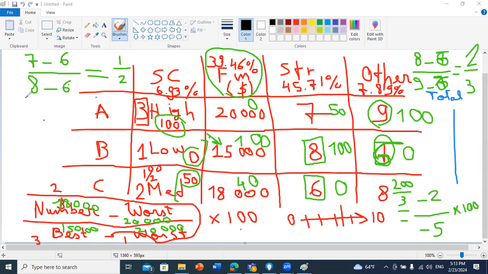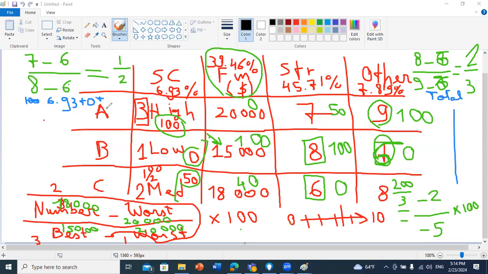So you have 100 times 6.93%. If you want, 100 over 100 will cancel out. So it's 6.93. 6.93 plus, here you have 0 times the percentage, so it's 0. Plus, we have 50 times 50 over 100, 0.5.